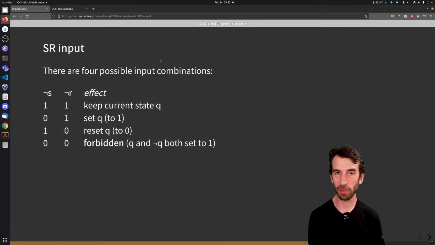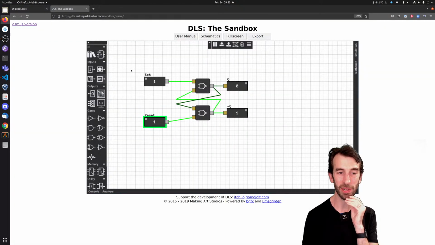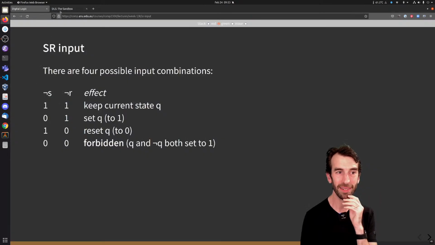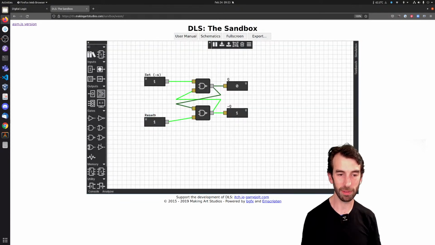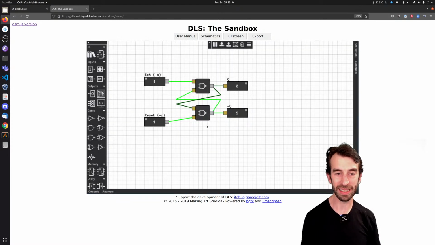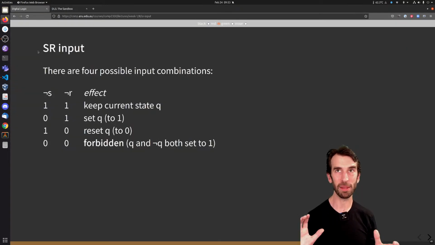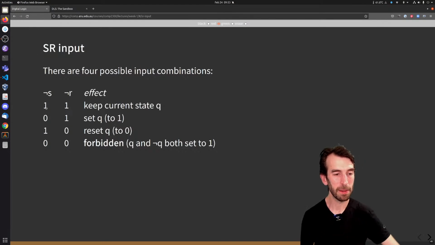Now, there are 4 possible input combinations with an SR latch, and in this case we're denoting both of these inputs as sort of negatives. That one's actually called not S. Set, not S. And that one's called not R. You can also make an SR latch with NOR gates, and that ends up with the flipped or inverse inputs, achieving the same outputs.